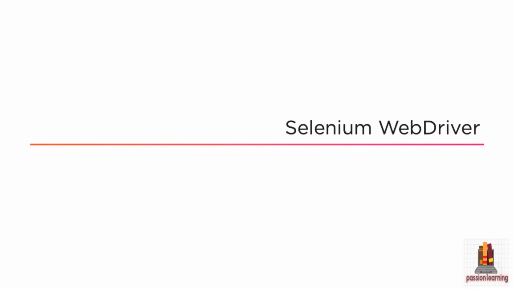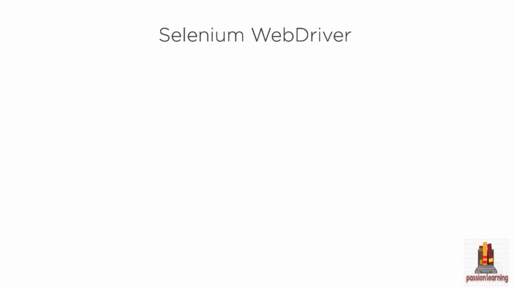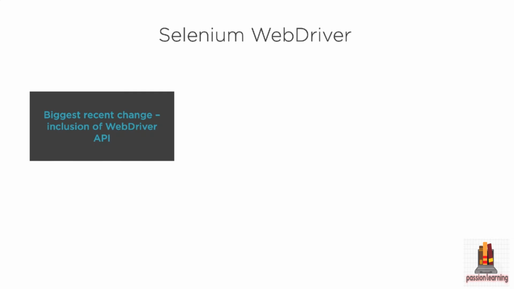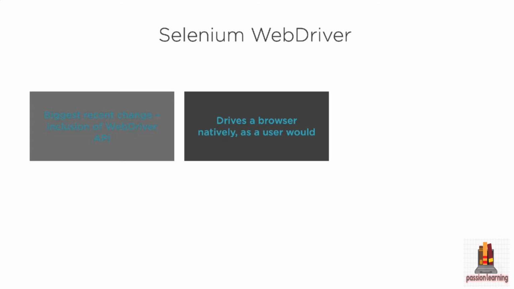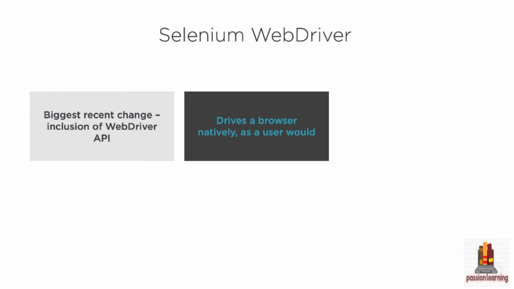Now, let's get into what a Selenium WebDriver is. The biggest change in Selenium recently has been the inclusion of the WebDriver API. What does it do? It drives the browser natively, just as a user would, either locally or on a remote machine using the Selenium server, marking a leap forward in terms of browser automation.